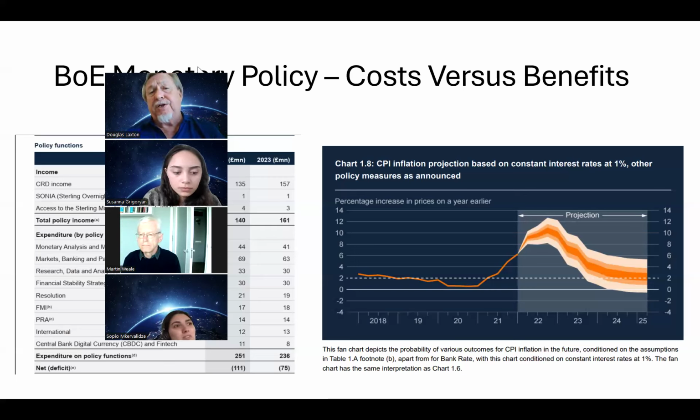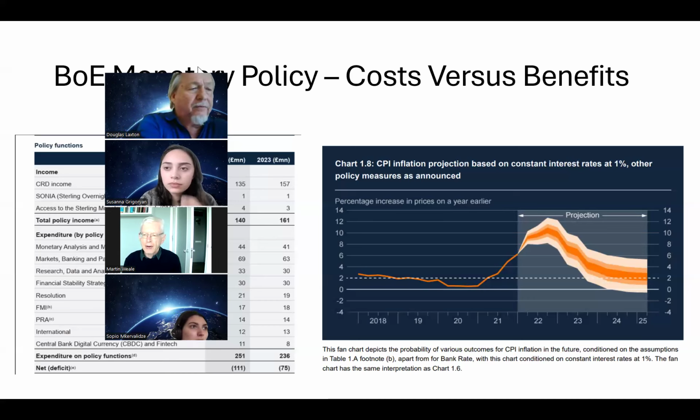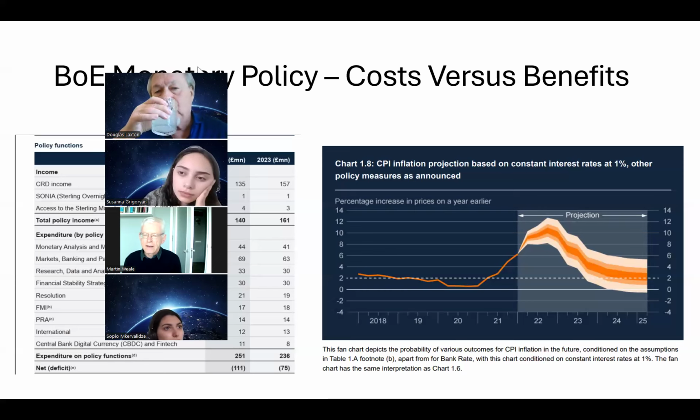Could I say something both on the history of the simulation and how I think it's working? So, as to the history of it, when the Monetary Policy Committee was set up in 1997, Mervyn King was concerned that actually future interest rates mattered as well as the current interest rate.